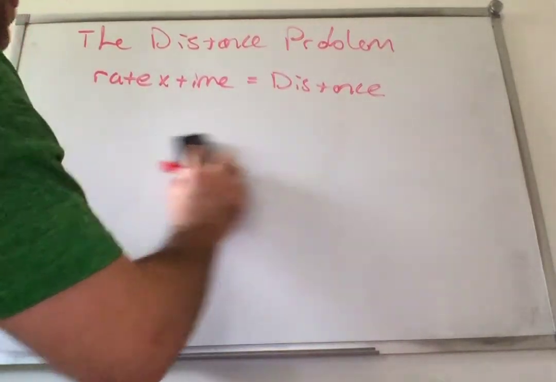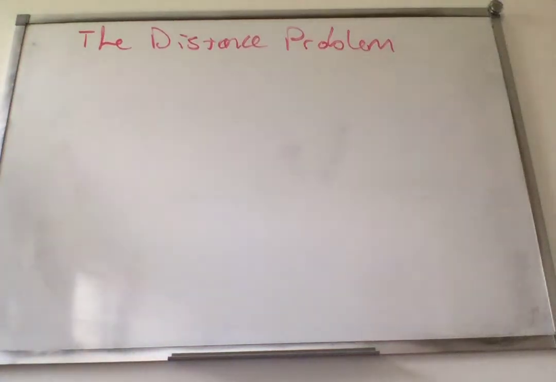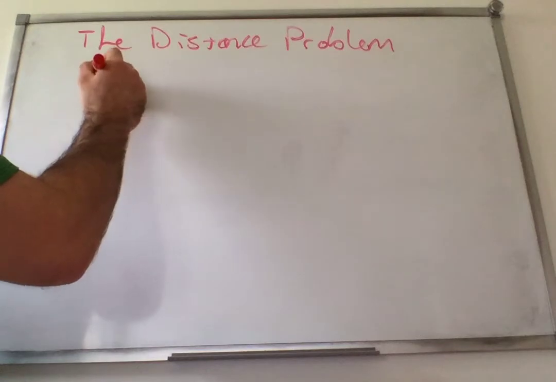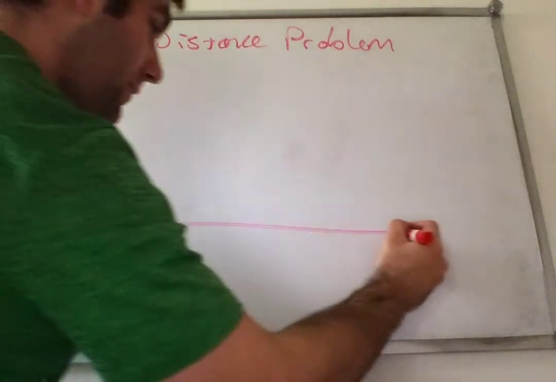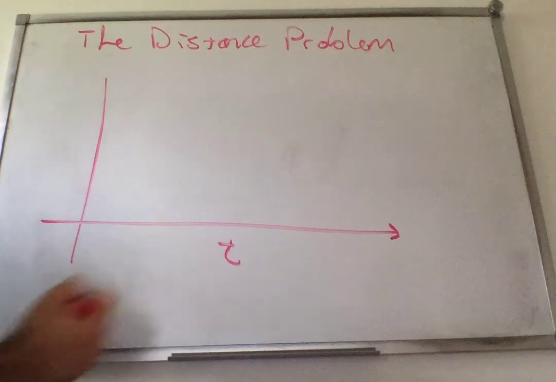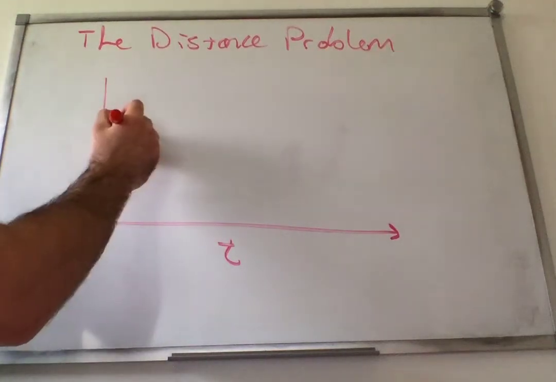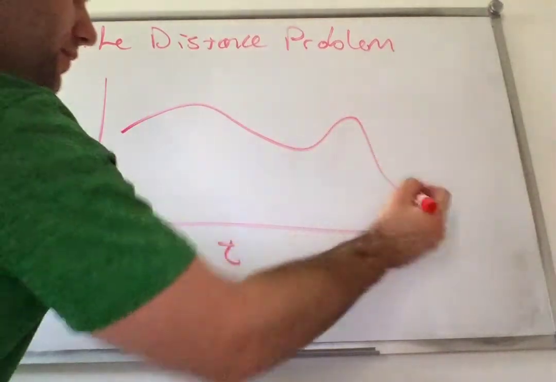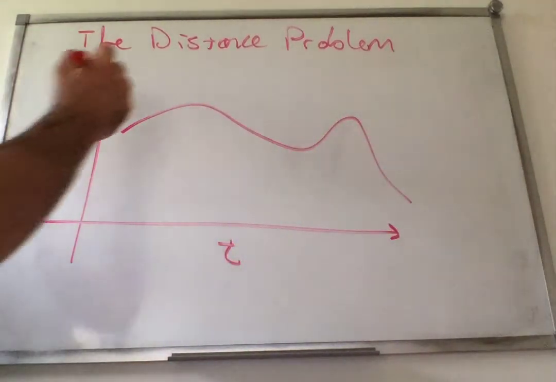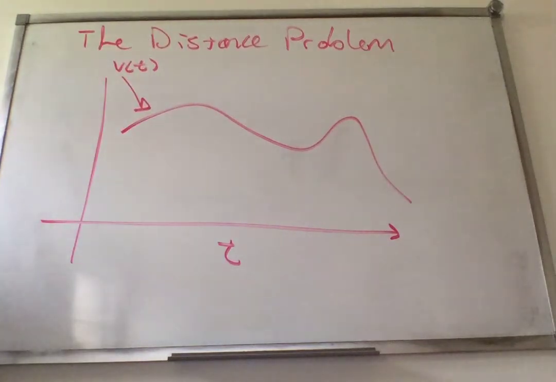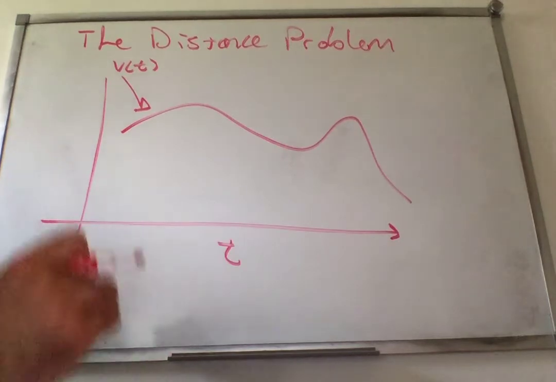Okay, so how is this related to finding areas? Say that I know the velocity of an object at some time t, okay? Say the velocity looks something like that. I don't know, I just made this curve up, okay? So this is v of t, the velocity. Now say we wanted to know what is the distance traveled here.